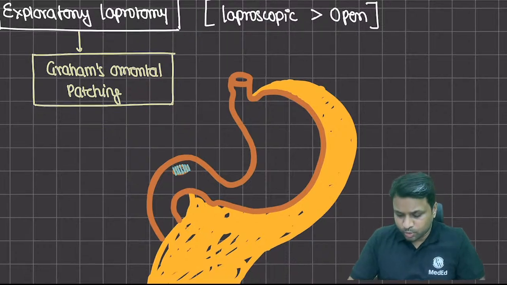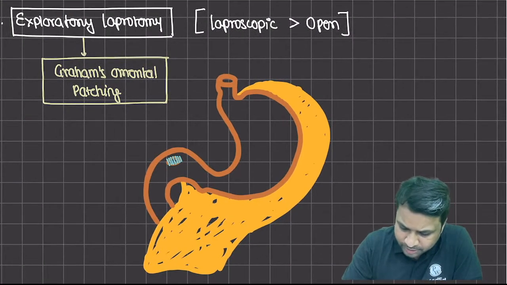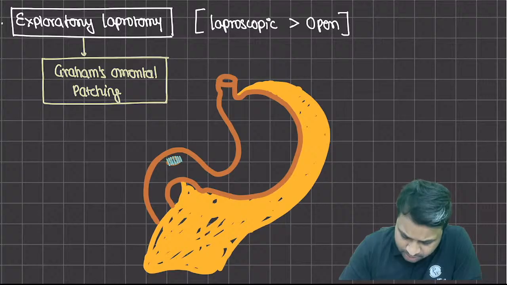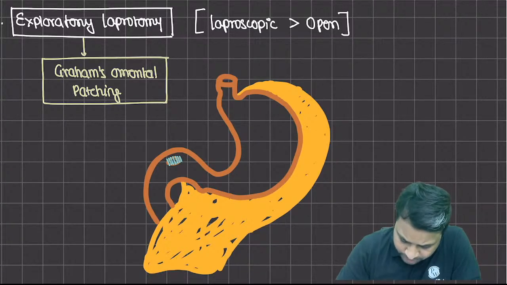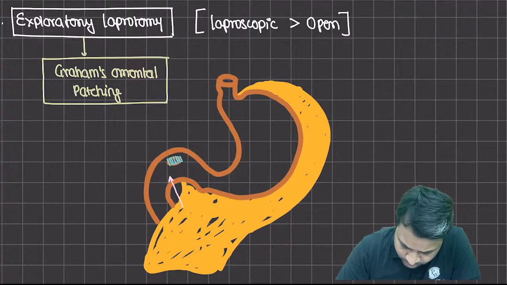Right. So what you do is you take a little bit of omentum, and then you migrate the omentum to this point and then you seal this off, right?